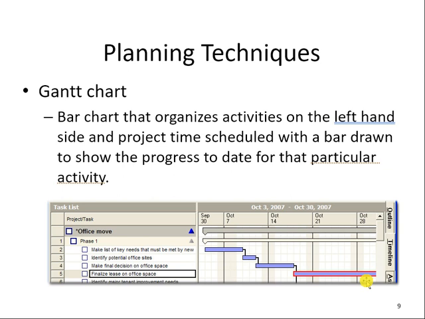The primary advantage of the Gantt chart is the ability to show graphically the entire schedule for a large complex project. Unlike the PERT, the disadvantage of this chart is it does not show the relationship among the project activities.